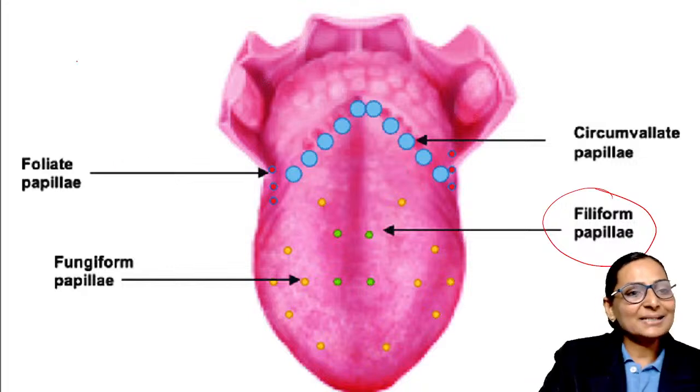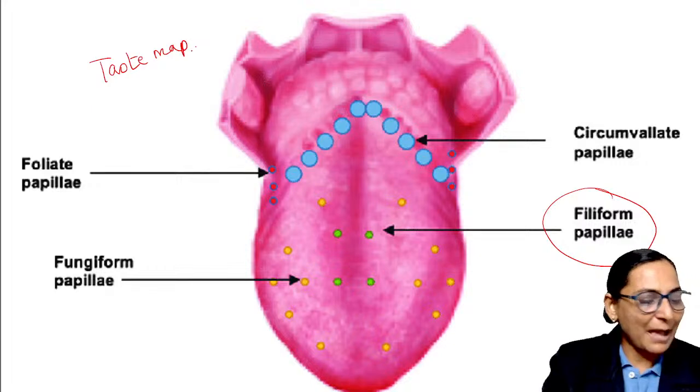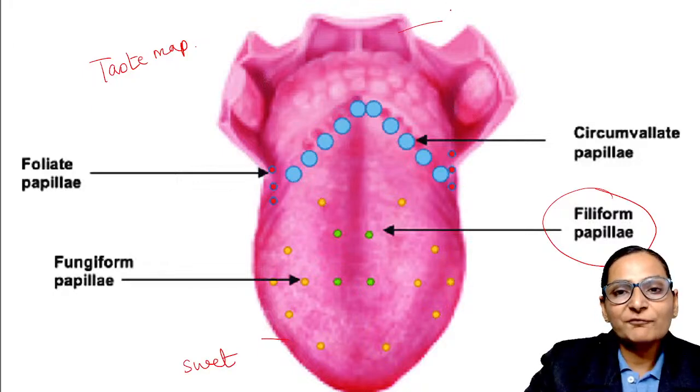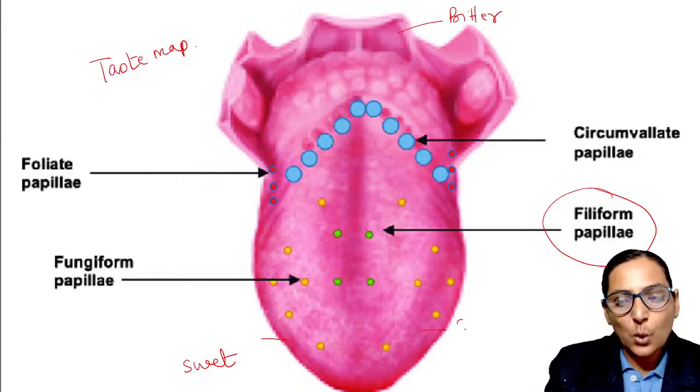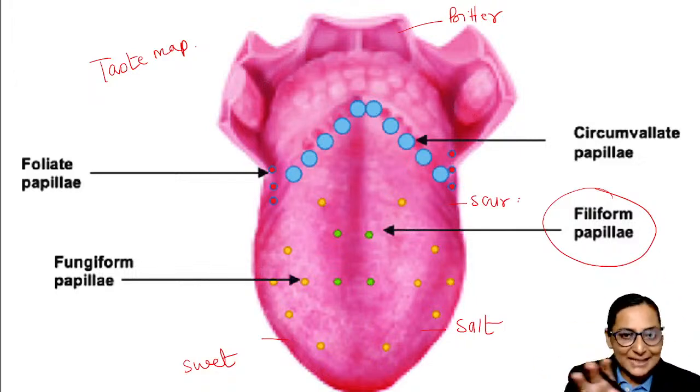As far as the taste map is concerned, initially there was a taste map which was given where the tip of the tongue had maximum receptors for sweet, back for bitter, anteriorly salt, and posteriorly it was sour. But see, this type of taste mapping is not acceptable now.